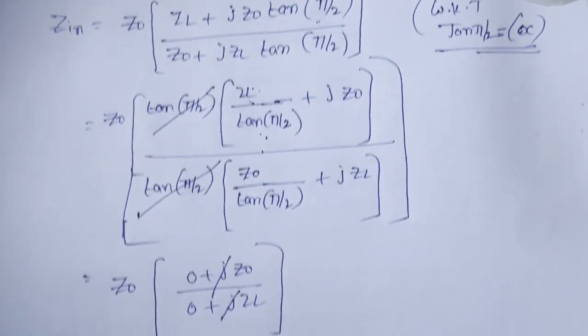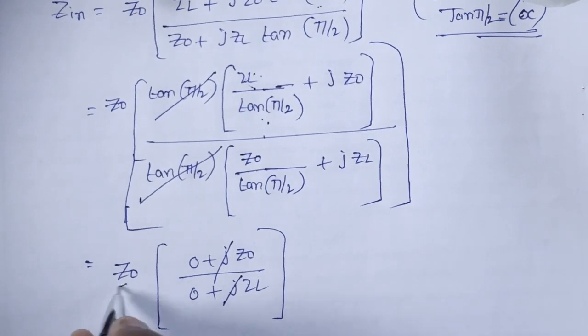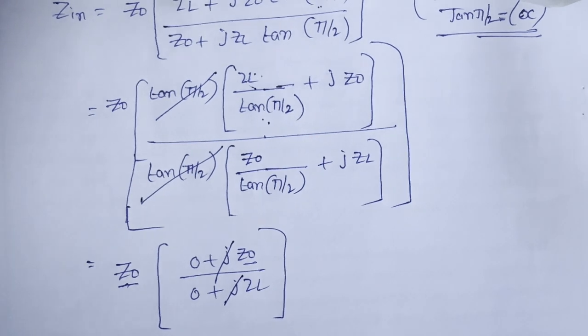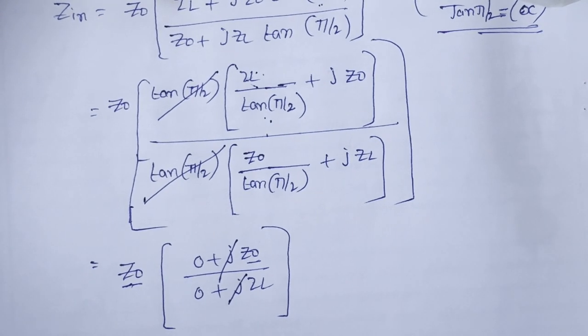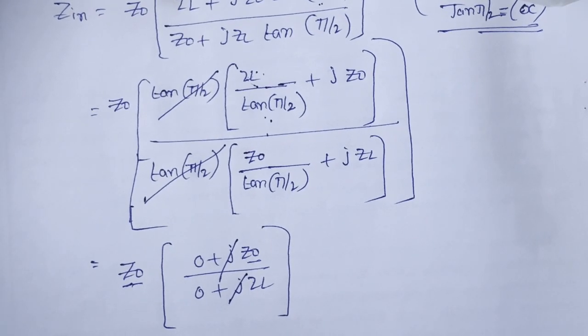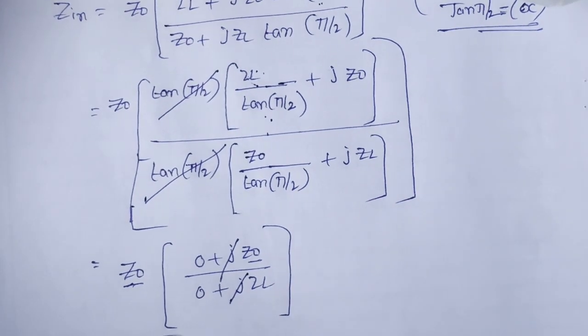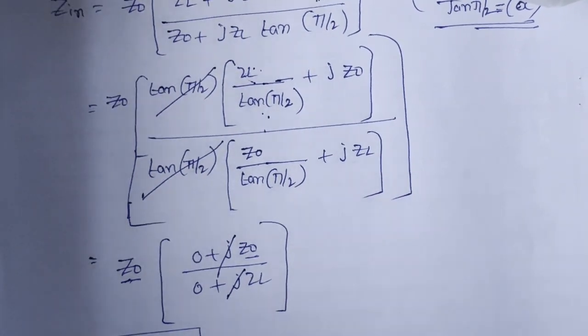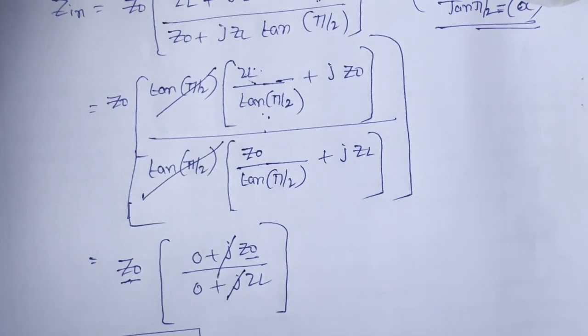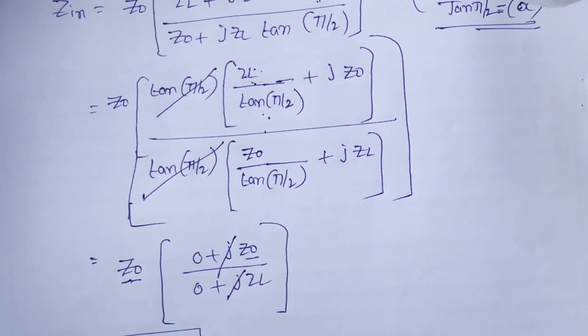The j will get cancelled. It's Z0 into Z0, Z0 square by ZL. That is Zin is equal to Z0 square by ZL.